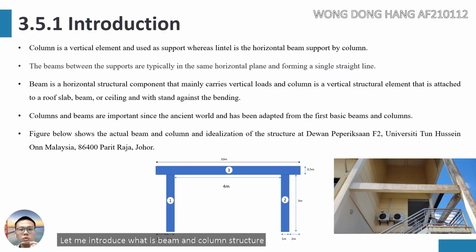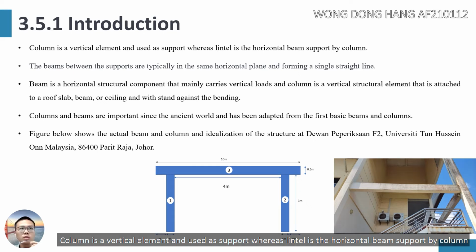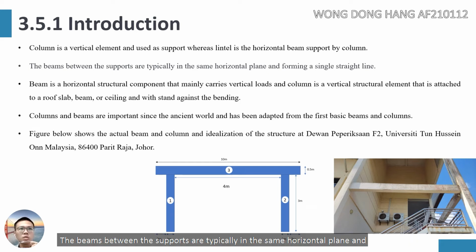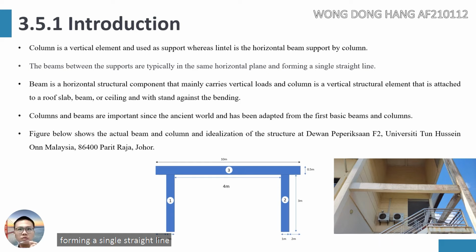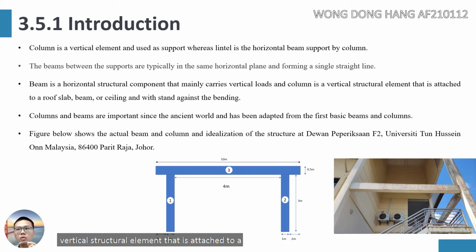Let me introduce what a beam and column structure is. A column is a vertical element used as support, whereas a lintel is a horizontal beam supported by columns. The beams between the supports are typically in the same horizontal plane, forming a single straight line. A beam is a horizontal structural component that mainly carries vertical loads, and a column is a vertical structural element that is attached to a roof slab, beam, or ceiling to withstand bending.